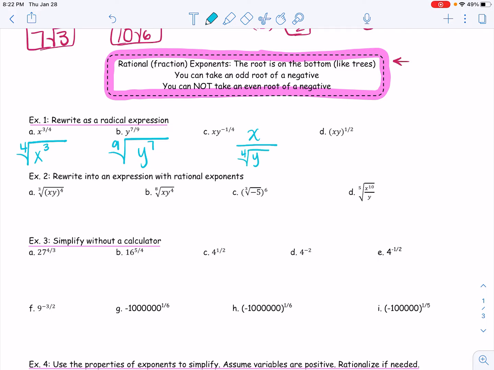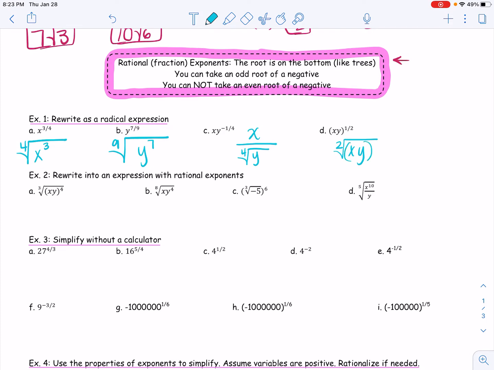You do not have to put that 1st power there, and I would actually advise that you don't, please. Okay, so that's it. In D, remember I said we're raising both the x and the y to that 1/2 power, which means we're taking the square root of both that x and y. Both of them are raised to that 1st power, so again, we do not have to write it.